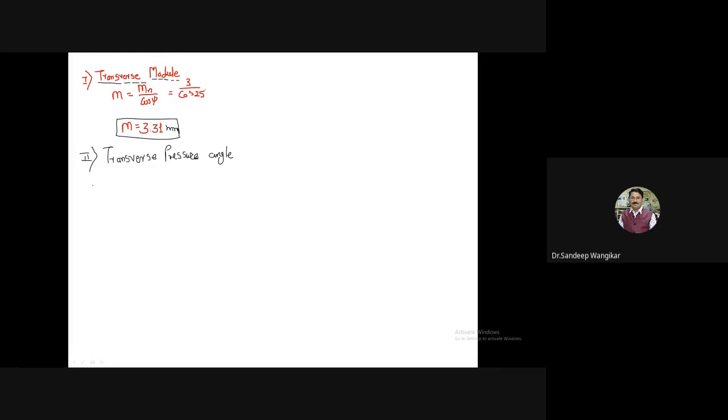So the module is 3.31. Transverse pressure angle: tan of alpha is equal to tan of alpha n divided by cos of psi. If I put in the values, alpha n is 20, so tan 20 divided by cos 25.